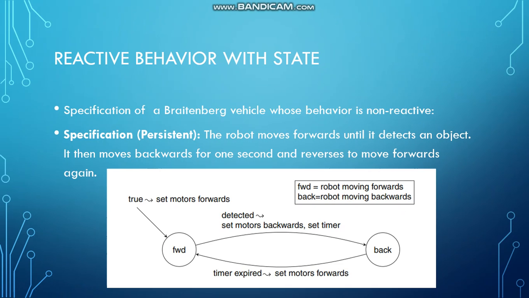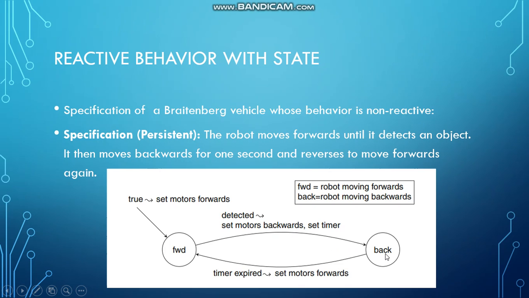So if an object is detected when the robot is in the back state, no action is performed. Why? Because our specification doesn't say that the robot will react or do something if it encounters an object when it's moving backwards. Our FSM only handles detecting an object when the robot is moving forward.